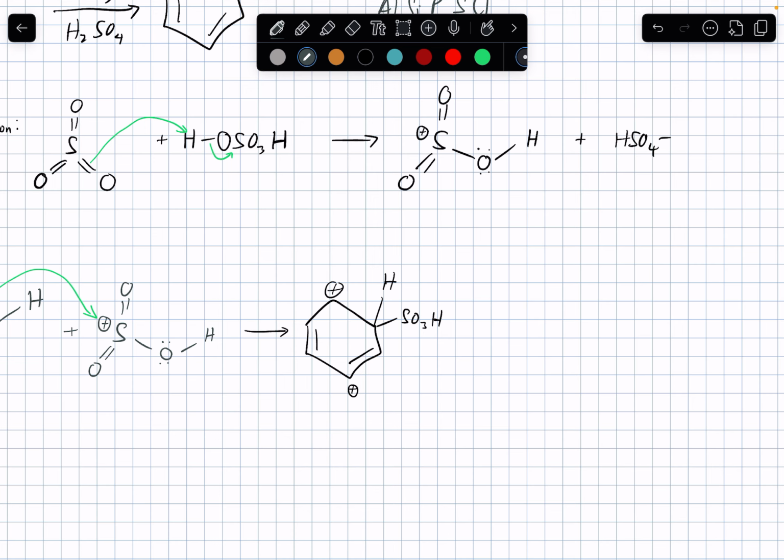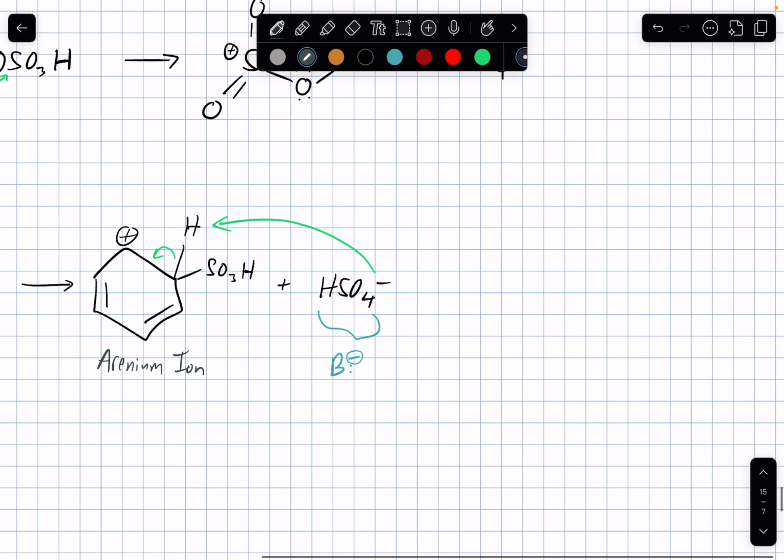So what now? I think we already formed the arenium ion. Now we include our base. Attack the hydrogen. The hydrogen goes here. I mean the bond.